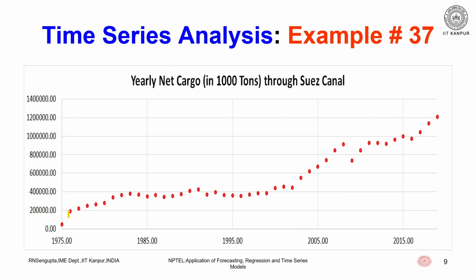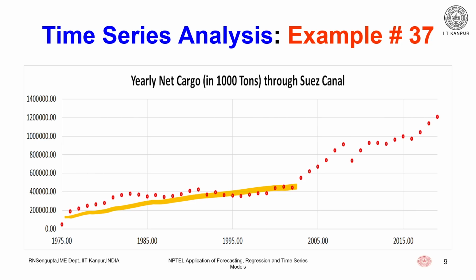So, if I consider, for example, from 1975 till about 2000, for these 25 years there is an increase in the trend, which you can understand, but the increase in the trend is steady and increasing at a fixed rate.